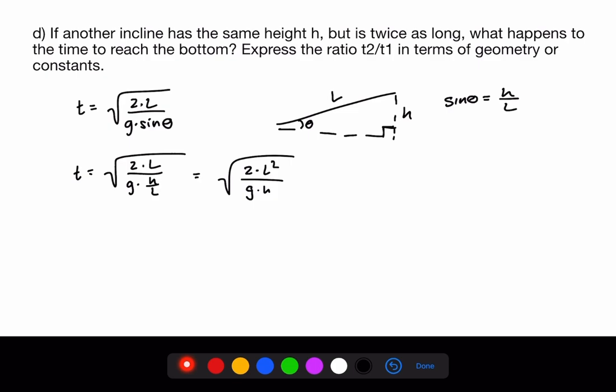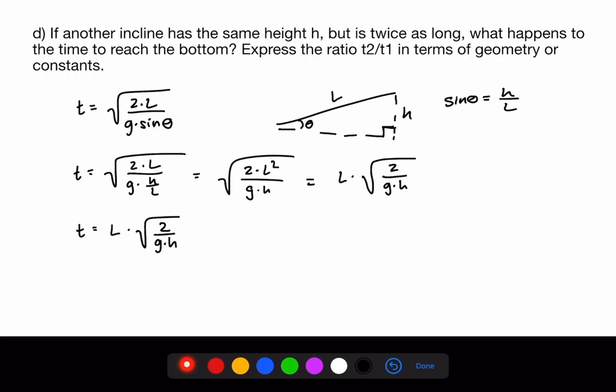And let's remove the L from the square root because it's now squared, getting L times the square root of 2 over g times h. We can now see the relationship between time and length. Let me rewrite it so it's a little bit clearer.